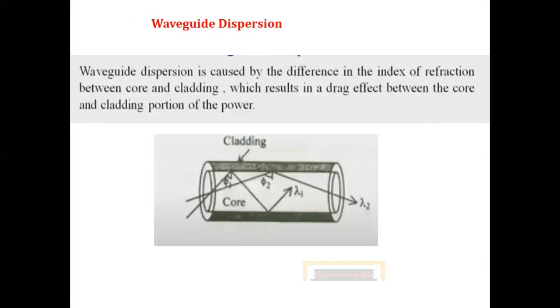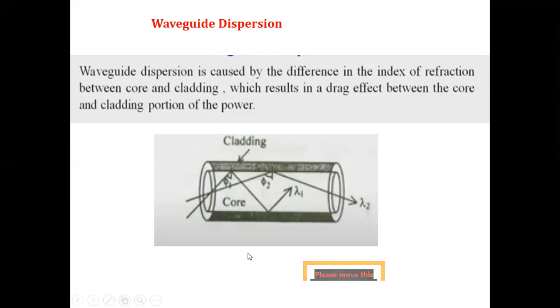So now we will see the waveguide dispersion. The waveguide dispersion is caused due to the difference in index of the refraction between the core and the cladding, right? So it occurs because a single mode fiber confines only about 80% of the optical power to the core, right?